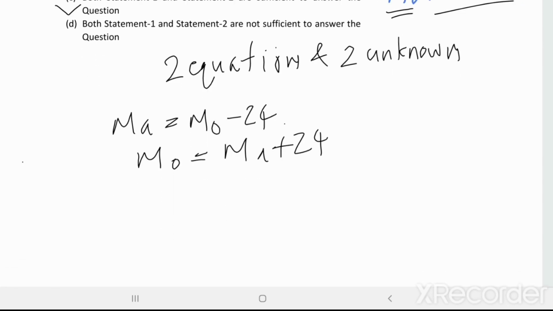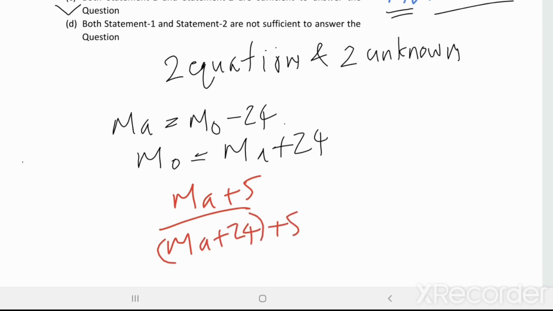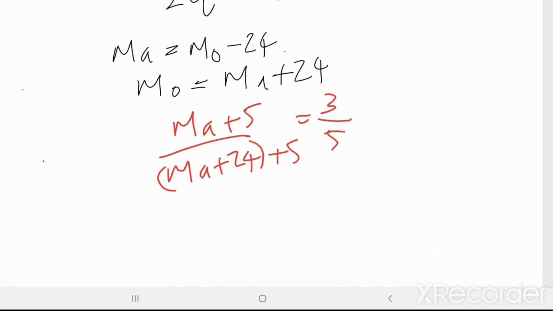Then (MA plus 5) divided by (MA plus 24 plus 5) is equal to 3:5. Solving this equation, here only one variable and one equation, we will get the value of MA.